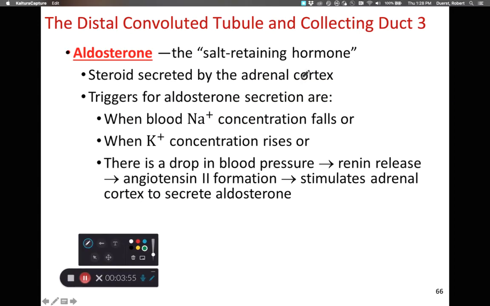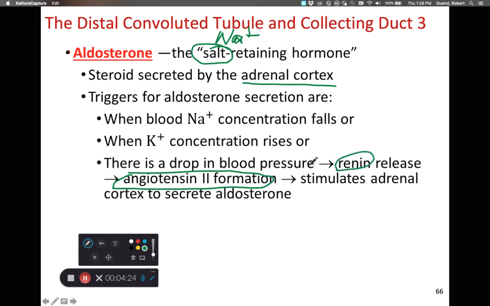As we look at aldosterone, I said it before, I'll say it again, it causes us to retain sodium, or sodium ions more precisely. Aldosterone is a steroid-based hormone that's created within the adrenal cortex. The things that can trigger aldosterone secretion include angiotensin II. We've already talked about this one in detail. If we have low blood pressure, renin is released.